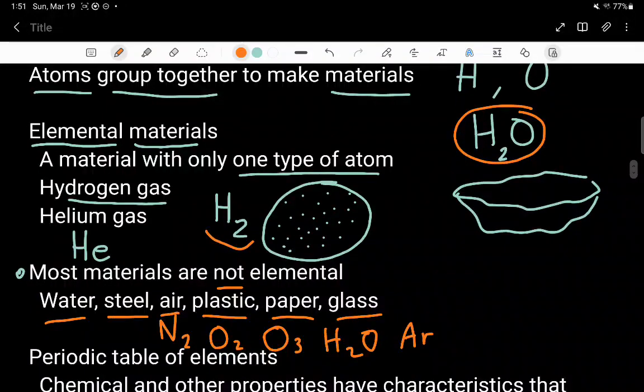And steel is also not elemental. Steel has some iron in it, some chromium, some molybdenum, various different types of atoms.